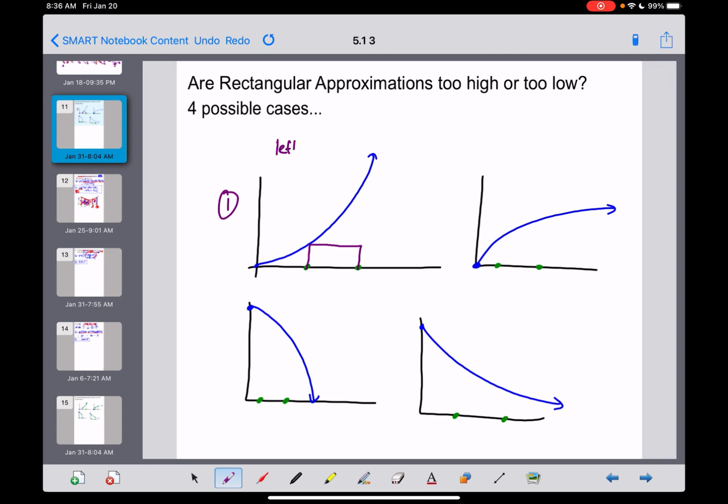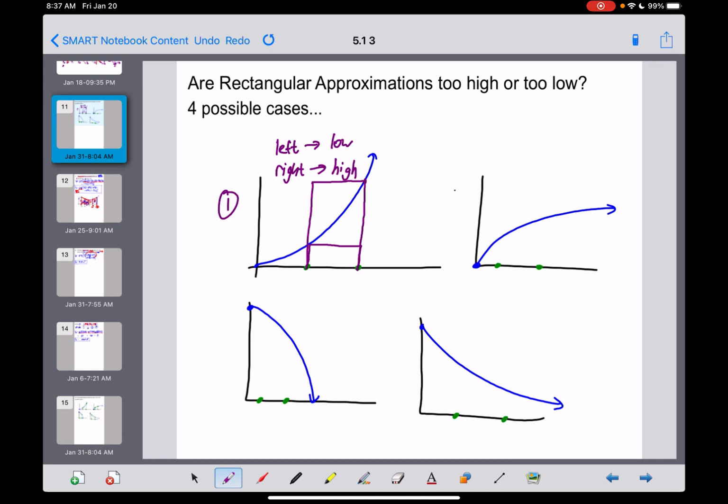So I'm going to write that one down. My left is too low, but my right approximation, I'm just going to draw this right over the other one, is going to be too high. So if that's all you looked at, it would be tempting to say left-hand rectangles are too low, right-hand rectangles are too high.